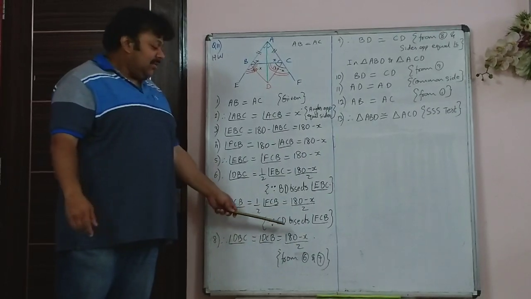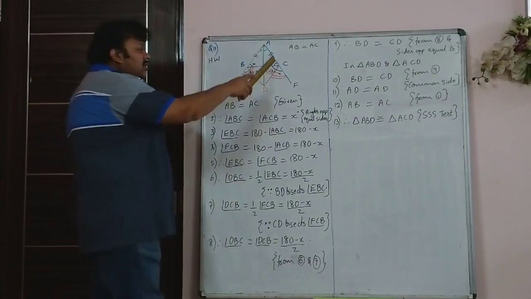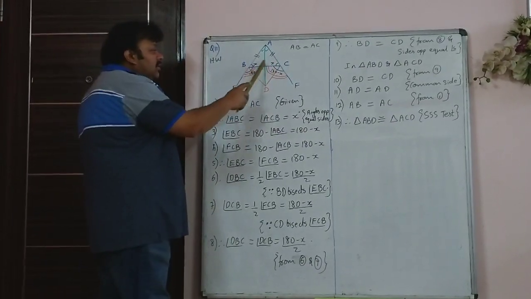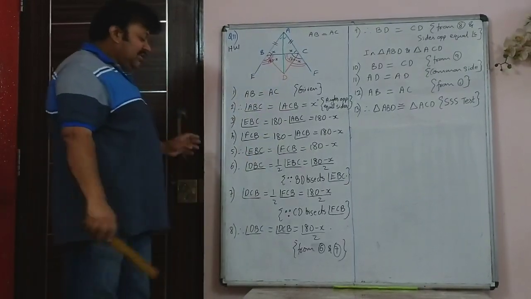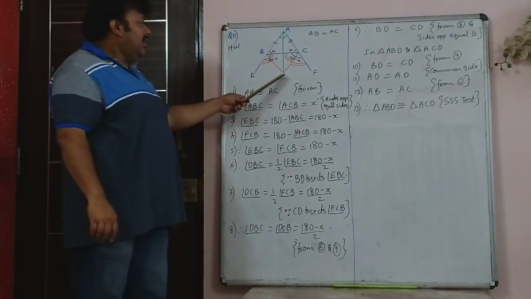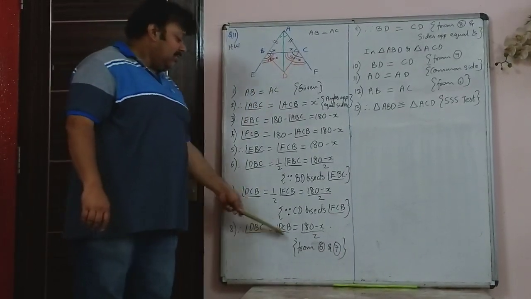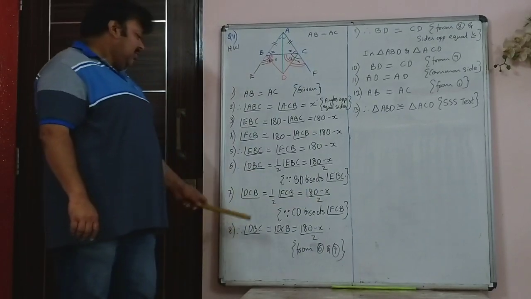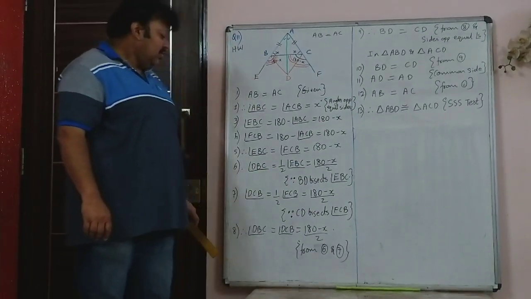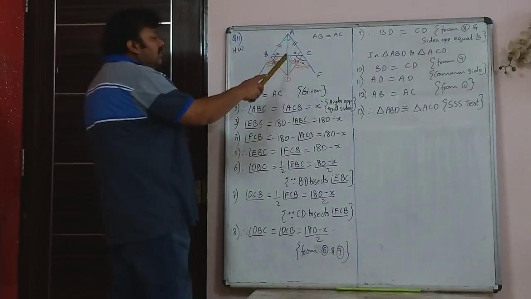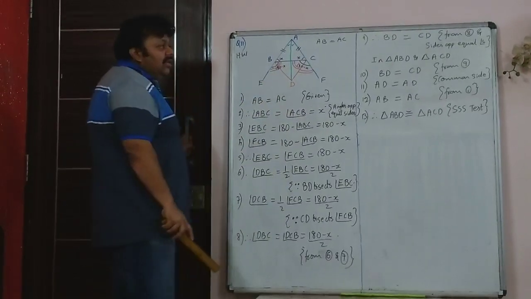It's given that CD bisects angle FCB. And you were given that the bisectors of the exterior angles meet at point D in the question. So that's why you have got angles DBC and DCB, they are both equal from the previous two steps, that is 6 and 7, both 180 minus x upon 2. So because those two angles are equal, therefore their opposite sides, that is BD and CD, will be equal.